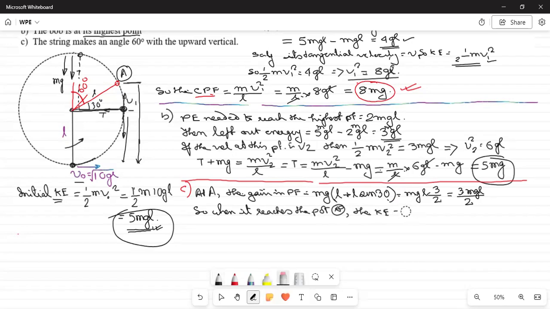I am making this mistake repeatedly. Will be equal to 5mgL minus this energy, minus 3mgL by 2. This is equal to 7 by 2 mgL.